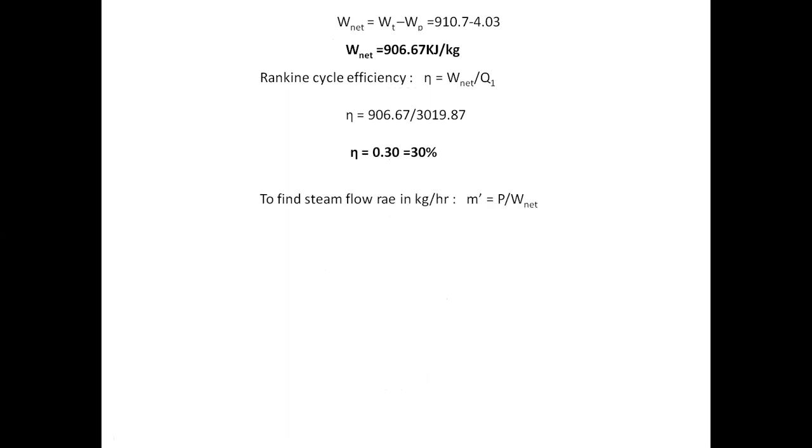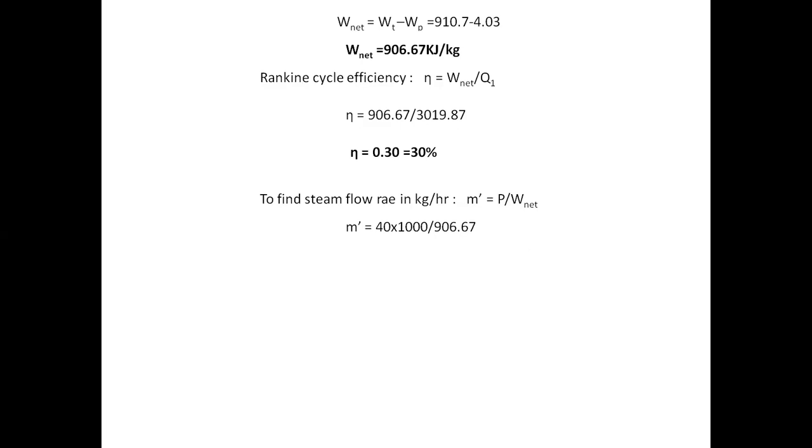And he's asking for the steam flow rate, that is the mass flow rate. We know from the basics that power is equal to mass into work done, so we can use that expression. Mass flow rate is power by net work. Note that in the data he has given the power as 40 megawatts.